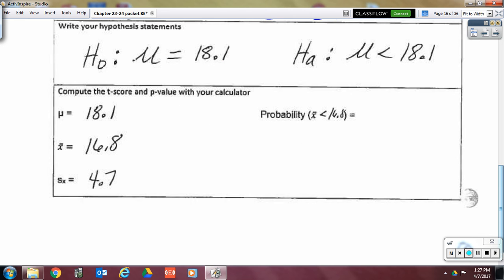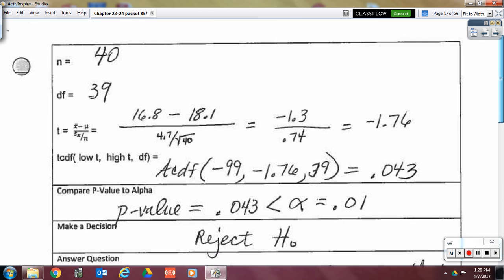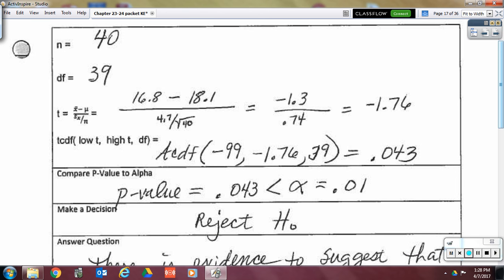So we were able to put all of those things directly into our calculator because it gave us those numbers. Do you see this sign? How did I know it was a less than? Because of the HA. Do you see this number? Why is it 16.8? Because that's what the x bar is. I should have filled it in here. I'll go back and put that in. N was 40, degrees of freedom 39. It's a less than, so I'm doing negative 99 to negative 1.76, comma, degrees of freedom.